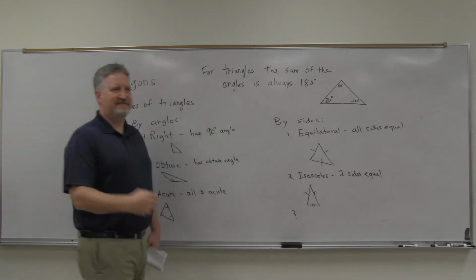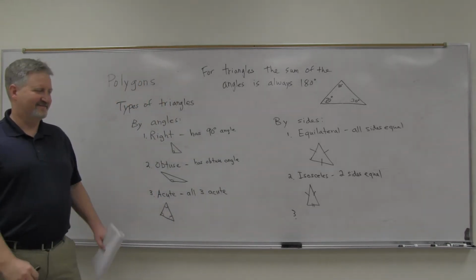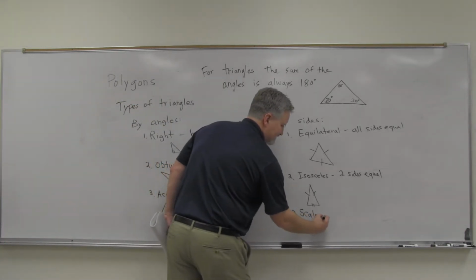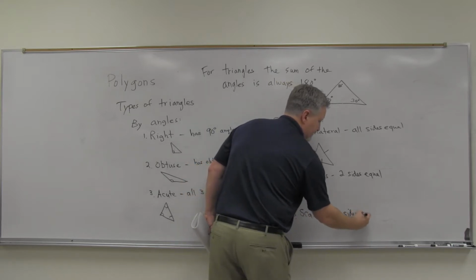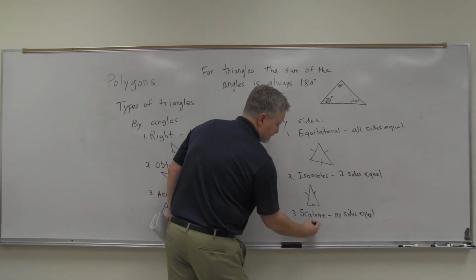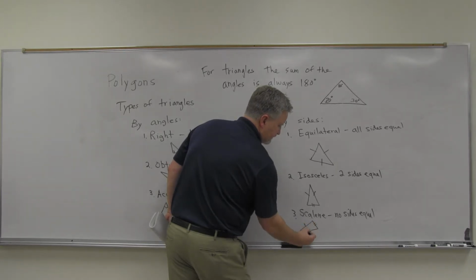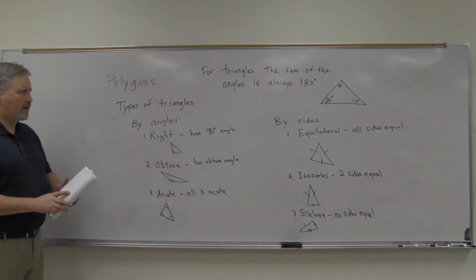And then, of course, that leaves, last but not least, when no sides are the same, what's that one called? Scalene. So yeah, you've got one side, and then another side, and then another side, so they're all three different. That's scalene. All right, now.